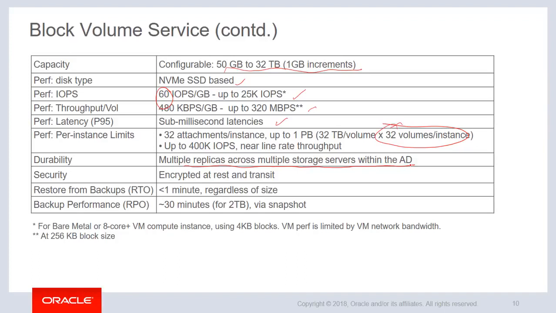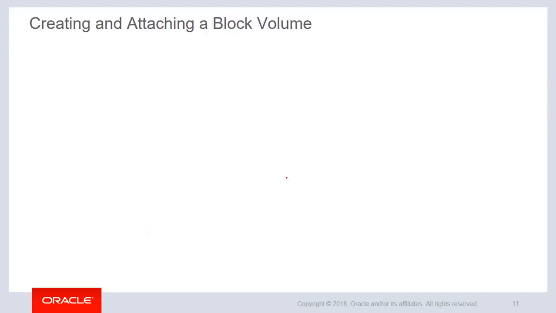So if one of the copies gets corrupted, we still have other copies, and we can guarantee that the data is available to you. The data is encrypted both at rest and also in transit.